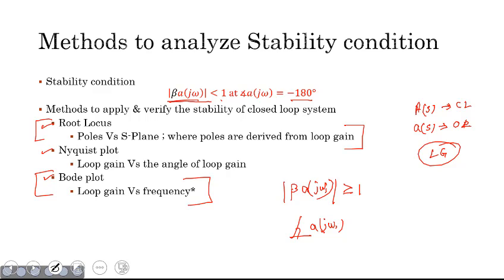Since beta doesn't introduce any kind of phase, we can neglect it, or if you want you can still add it, because it is not going to introduce anything, which means I have tan inverse of 0 over something, and tan inverse of 0 is basically 0, and that would never add any phase angle to this loop gain, okay?